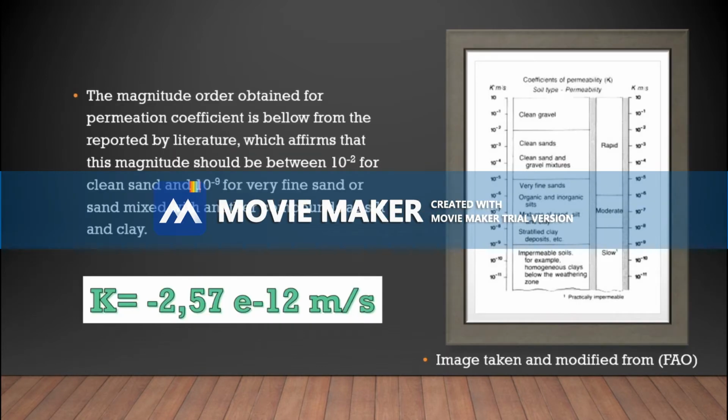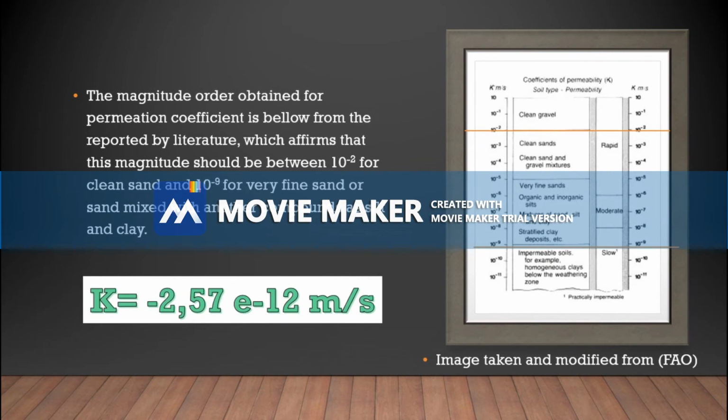Then, to conclude, comparing the result with the literature, it was found that the order of magnitude obtained was below the range reported in literature, which for clean sands is 10 to the minus 2, and for very fine sands or a mix of sand with other components is 10 to the minus 9 meters per second.